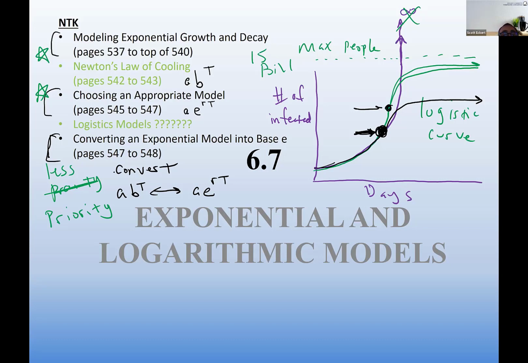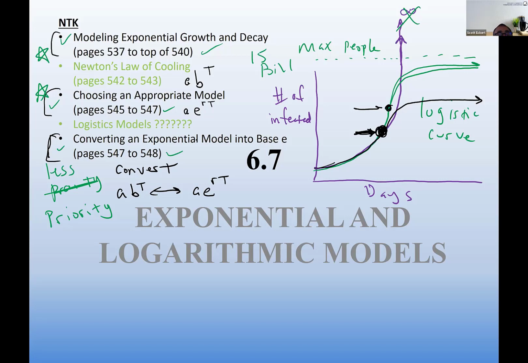So anyway, I forgot to emphasize too, Newton is going to focus you on the 3 things that I have checks by. And the book, if you're going to study the book, don't study for the test purposes, just study the pages I have indicated, page 337 to 340, pages 345 to 347, and 547 to 548.